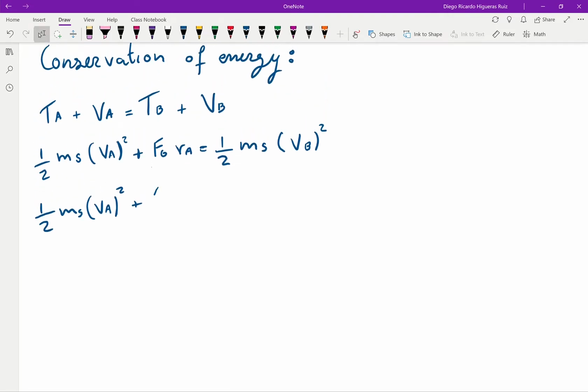That's G, the gravitational constant, times M sub E and M sub S, divided by RA squared and multiplied by RA. So you can see this is going to cancel out. We're going to go ahead and solve.